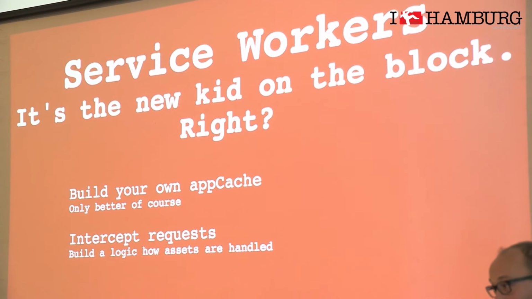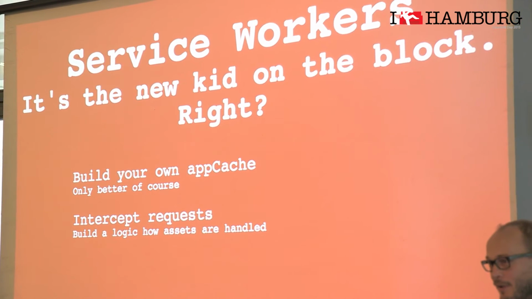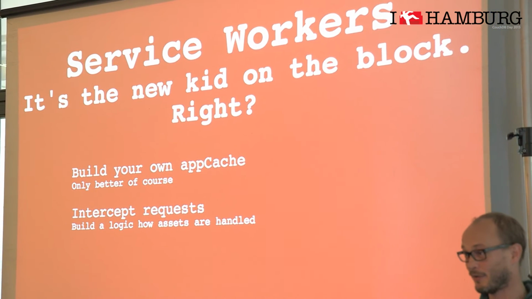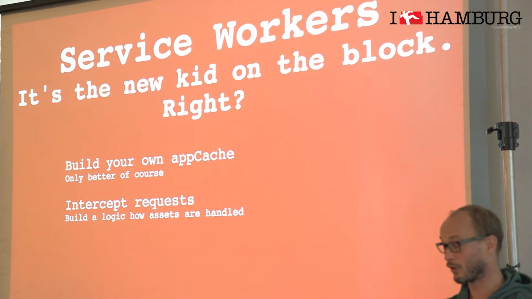You can just intercept requests. You install the service worker in your browser and it runs in the background each time your page is loaded, or even if it's not loaded.